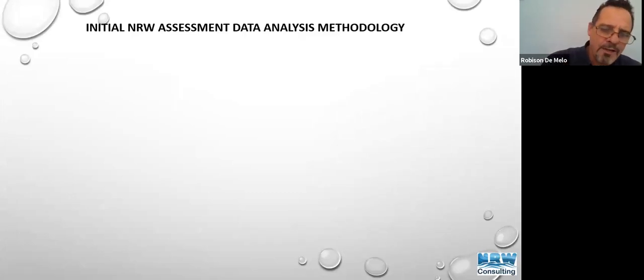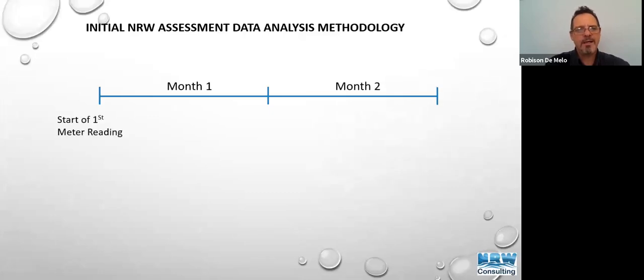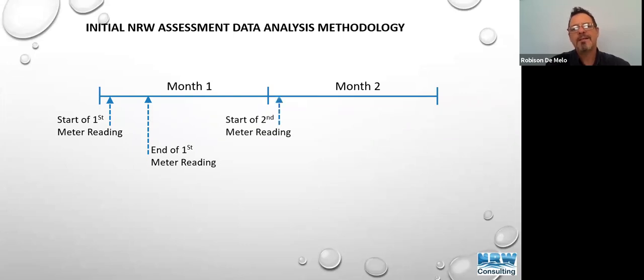For that, we need a methodology, because we are going to be based on a billing system, and we have to get more precise information. So we take the data of the first month and then the second month. We take the data from the start of the first meter reading to its end.